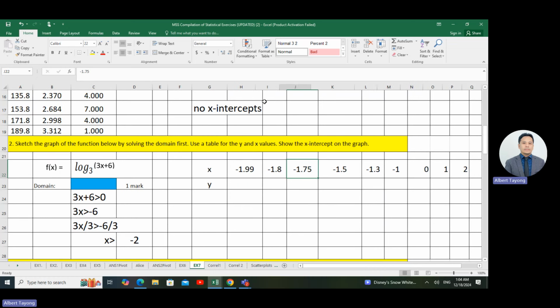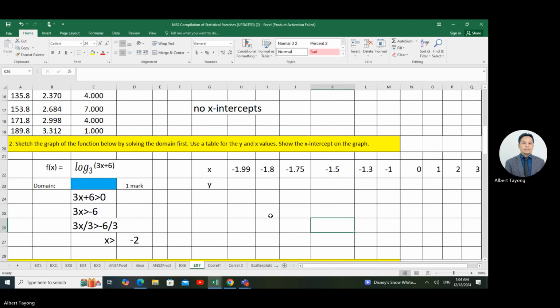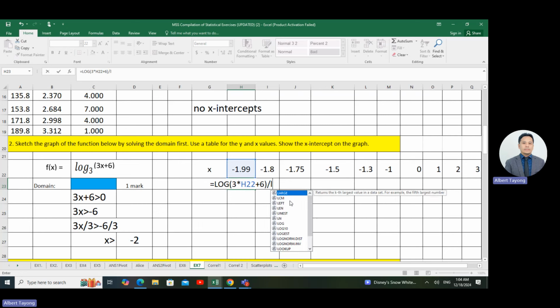Right, so let's solve now. Okay, so let's follow this. So we have equals log of 3 times x, this is our x, plus 6 over log of 3. This is using the change base rule, right?